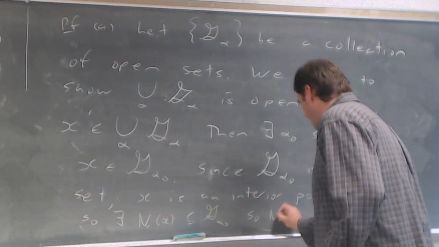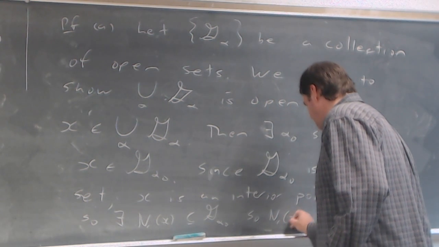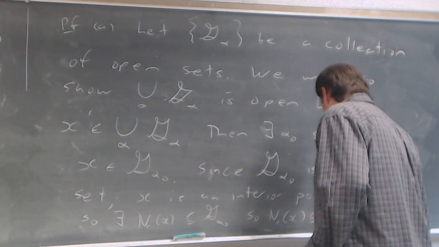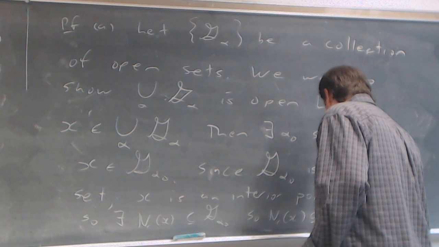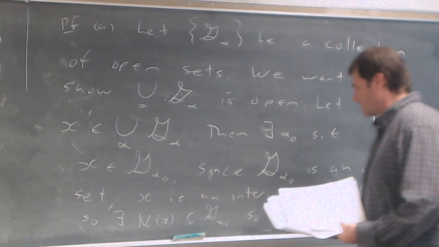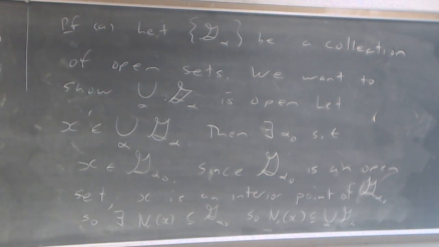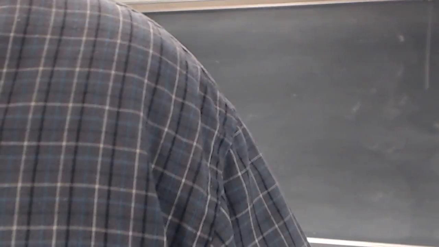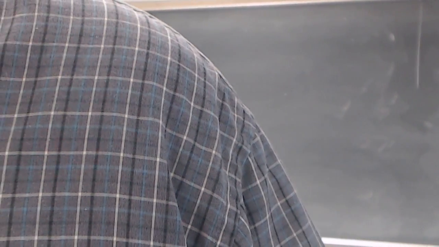So this neighborhood is going to be a subset of the union of the G sub alphas. And so that means that we have found a neighborhood of x contained in that union. So that means that x was an interior point of that union.